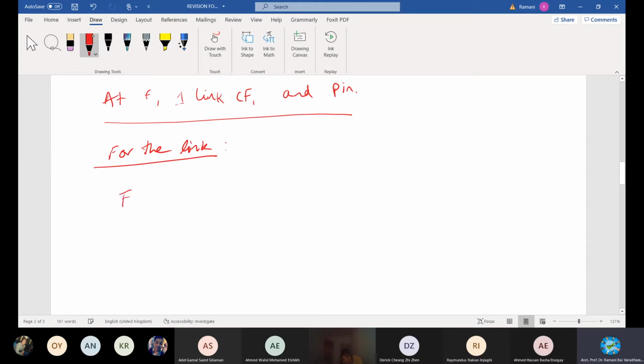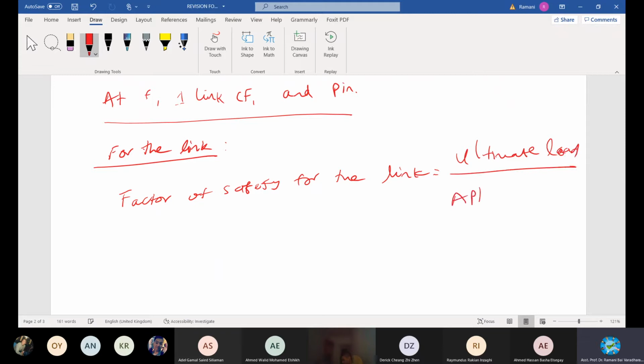I repeat the sentence. Factor of safety for the link is equal to ultimate load over applied load or allowable load.